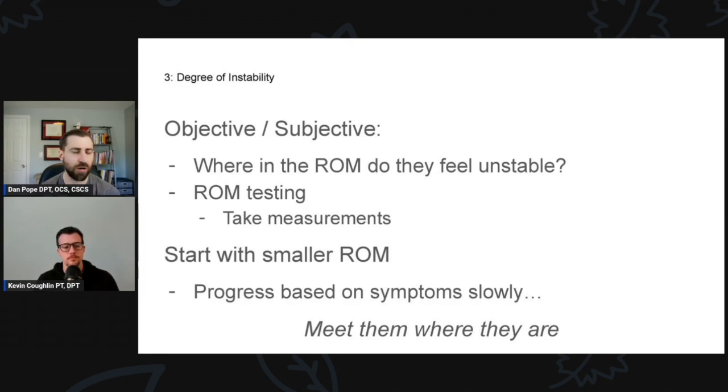So if I had started with only, let's say, external rotation, a partial range, and scaption, and that was it, I might have been underdosing myself, right? So at the end of the day, you're trying to figure out what this person can handle. Obviously, you've got to be safe, but we want to make sure we don't underdose and we don't overdose. So we take them in the gym, we try some things, we try activities, and we just figure out where they are and try to meet them where they are.